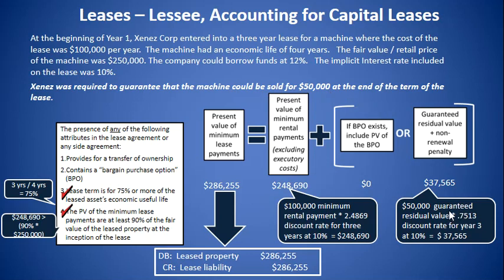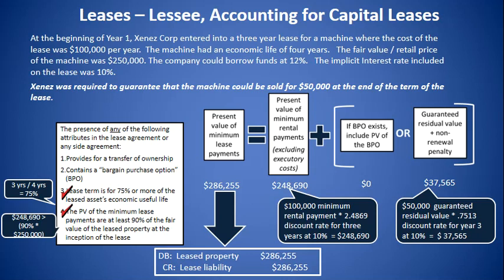So now we take that $50,000 guaranteed residual value and we discount it back to in effect what would be a final lease payment in year number 3 at 10%, and the discount factor in this case is 0.7513. So the $50,000 would be discounted back to $37,565.